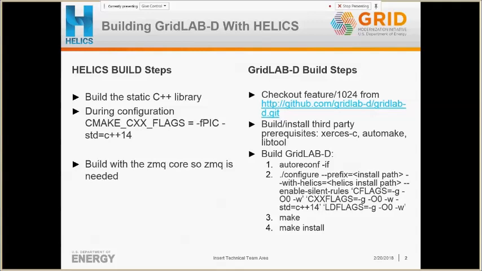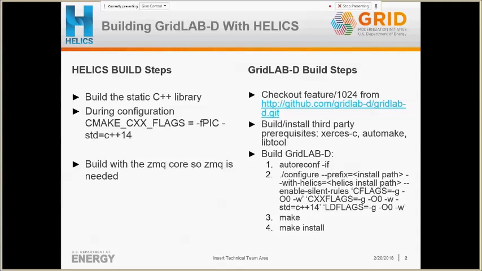There's one additional setting we have to make when building Helix versus just your basic build. The CXX flags need to have the -fpic flag set and the standard C++14.